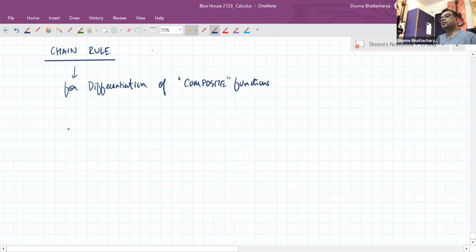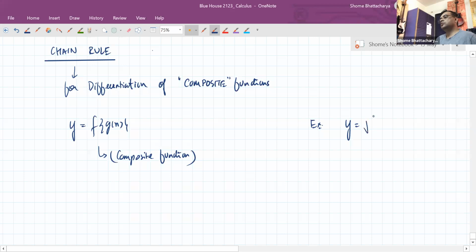Let's understand what is a composite function. Composite functions are of the type a function of a function. This is a composite function. For example, I have y is equal to square root of 1 plus x square.